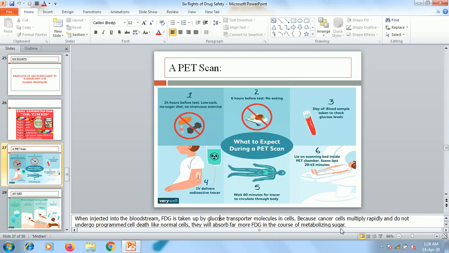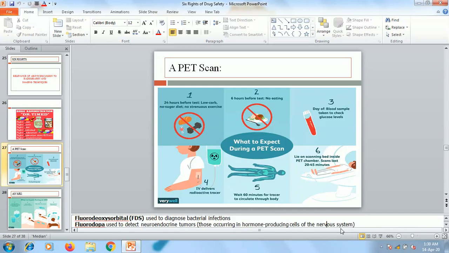For example, if we talk about a radio tracer, cancer cells multiply rapidly and do not undergo programmed cell death like normal cells. They will absorb more radio tracer in the course of metabolizing sugar. So more radio tracer will go into the cells, and it will emit more radiation that will be highlighted by the PET scan.